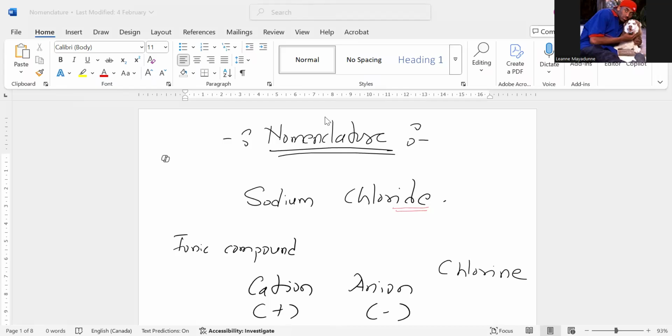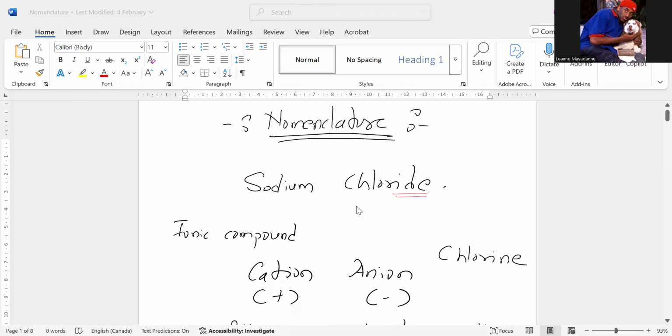Nomenclature. So the simple rule that I use to remember nomenclature is the example of sodium chloride. Sodium is a cation, a metal. Chloride is a non-metal anion. The rule that I know is that your metals or cations are always written first.